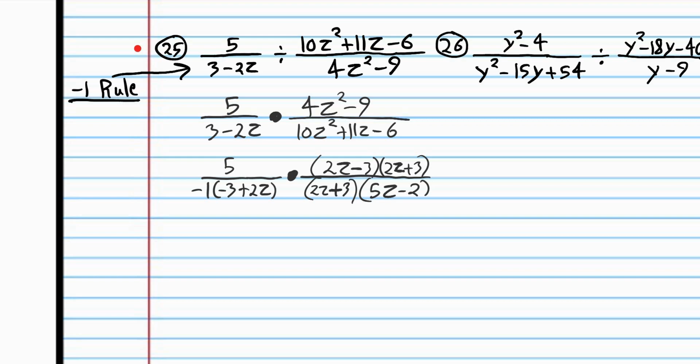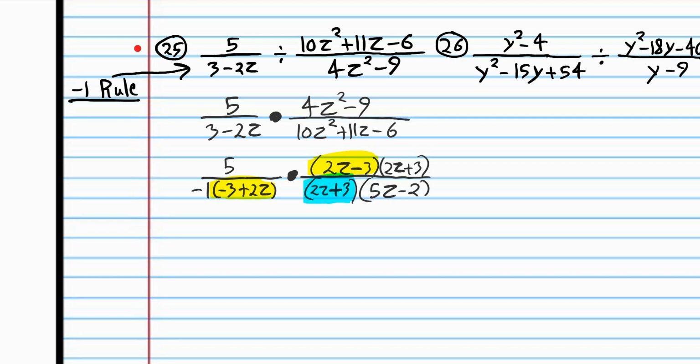So now we just cancel out. So again, -3 plus 2z is the same thing as 2z minus 3. I know it doesn't seem right, but the terms are just rearranged. They have the same sign, therefore those two binomials are common. They're the same thing.